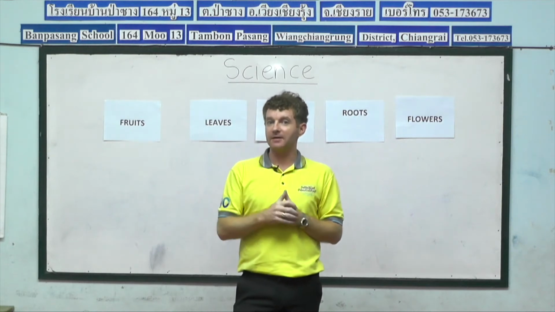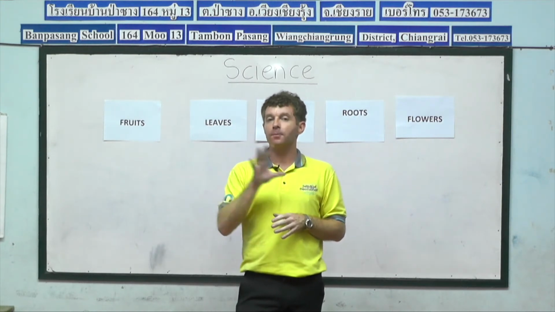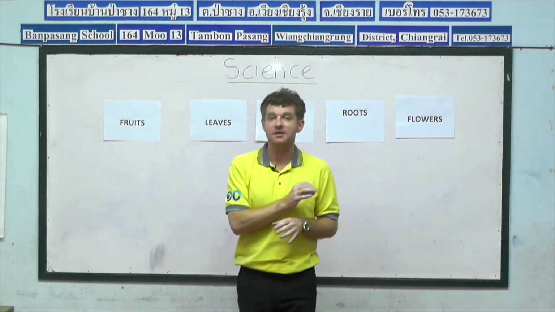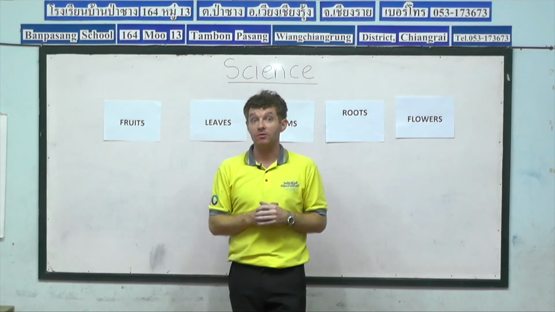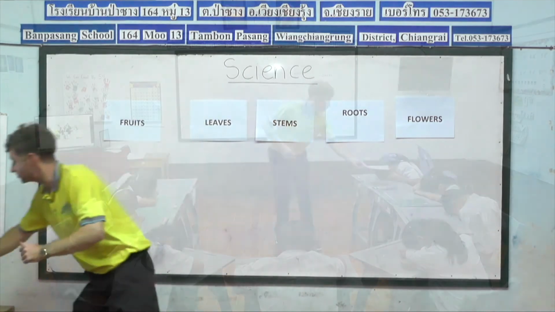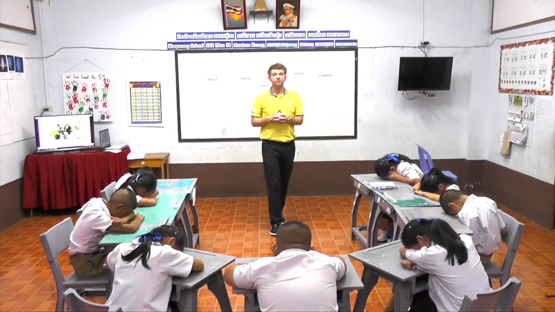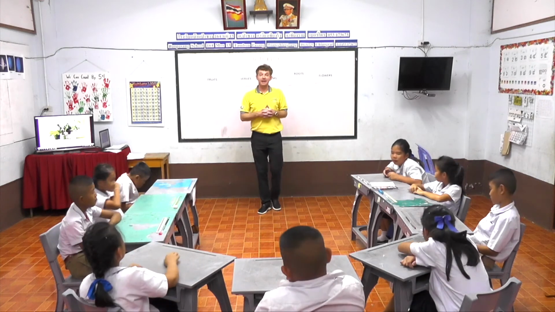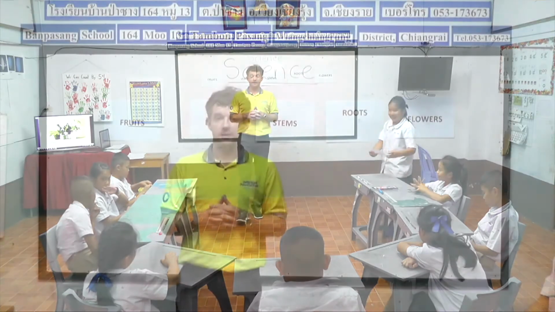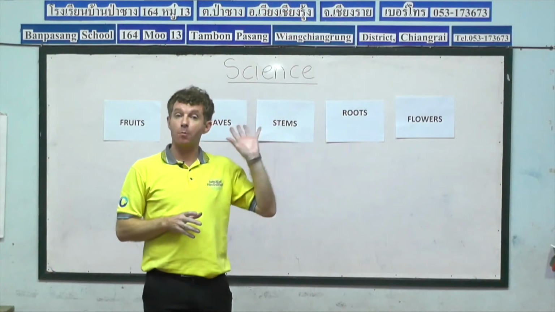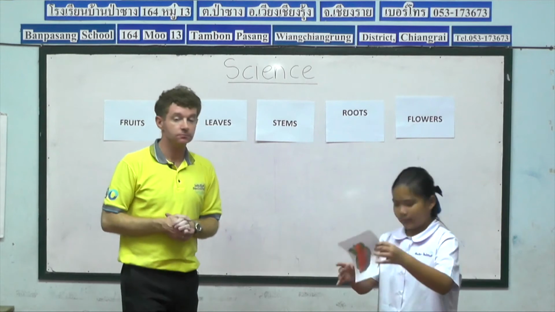Our students need to decide which part of the plant the picture represents and place it in the category accordingly and say the name of the category too. So, first picture. First picture will go with Lakgao. So Lakgao, can you come forward and show your friends your picture? And see if we can tell what it is and what category it belongs to.